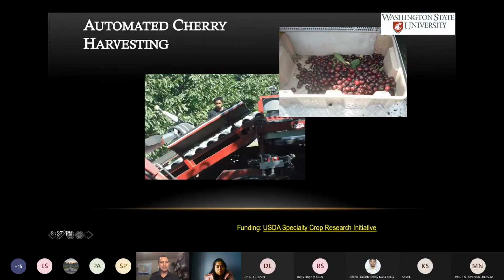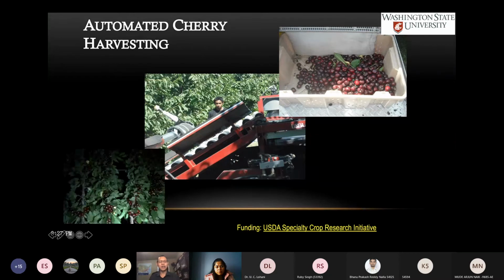One of the examples is here, automated cherry harvesting. We have been developing big machines like this. I would rather say we are advancing some of these mechanical harvesting systems, like the one we saw here in the middle, to harvest cherries and collect them in the bins like what we see here.